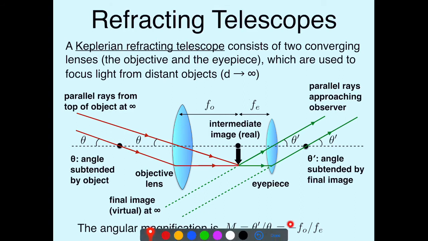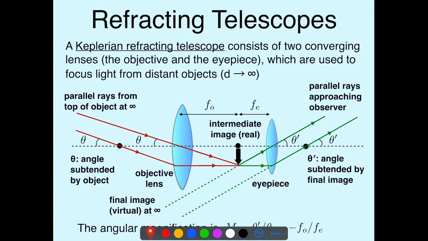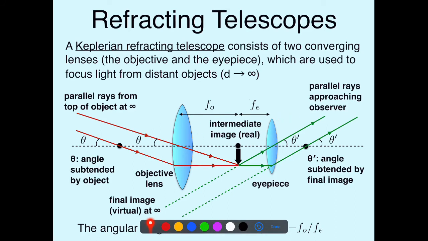We put a negative sign here in the final answer, by the way, because the final image is inverted. Remember, we were tracing rays from an object that was up here somewhere, but then the final image ended up being down here, so it's inverted. When you use this type of refracting telescope with just an objective lens and an eyepiece, everything is going to look upside down when you look through it.